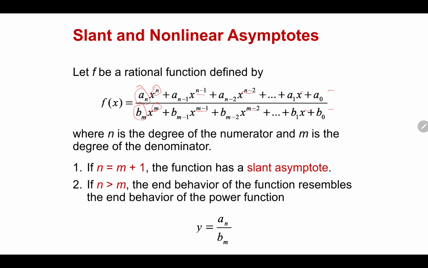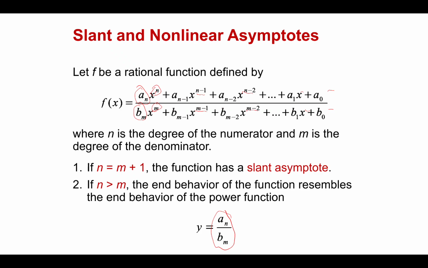But then we have the question of what happens if n is greater than m. So we get these different types of functions. So one of them, if n is greater than m, we end up with this idea, which is really just take these two over each other, and that becomes our asymptote.